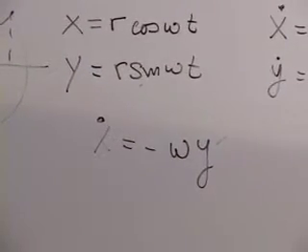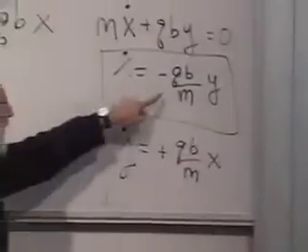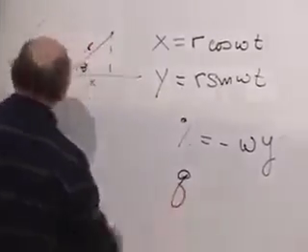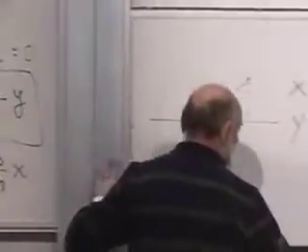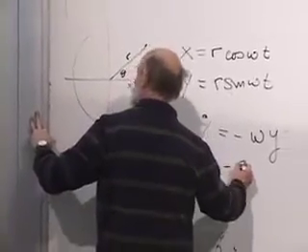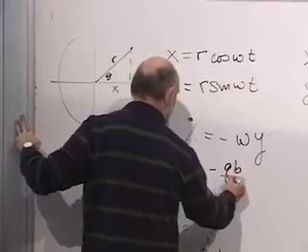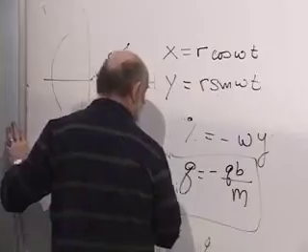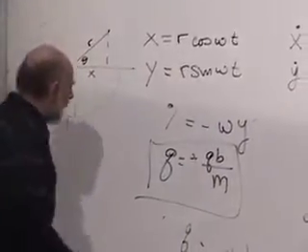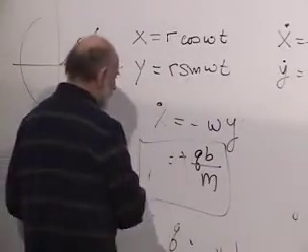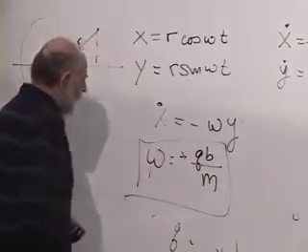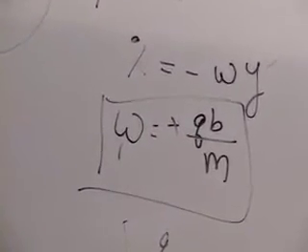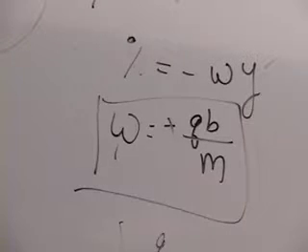Well, if I compare that with this equation here, I immediately find that omega, the angular frequency, called the cyclotron frequency, is equal to QB over M, the charge of the particle divided by its mass.